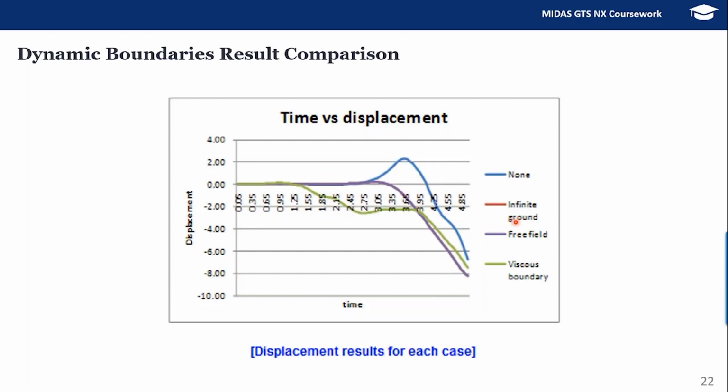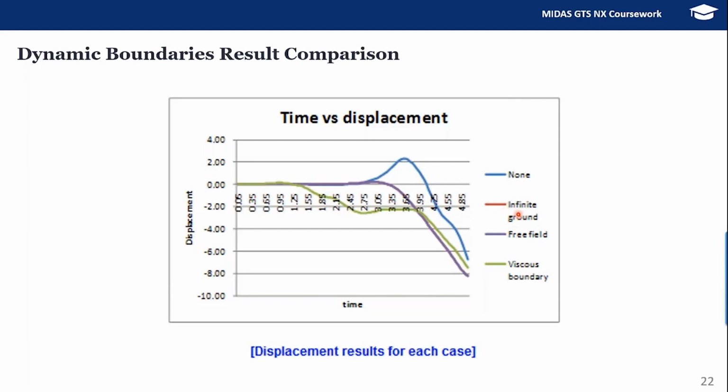If you want to model the infinite ground, that means you model the ground with a very large length and breadth. Instead of modeling 10 meters of ground, you go for 100 to 200 meters, which will increase your analysis time and is not recommended, and it's not required as well.